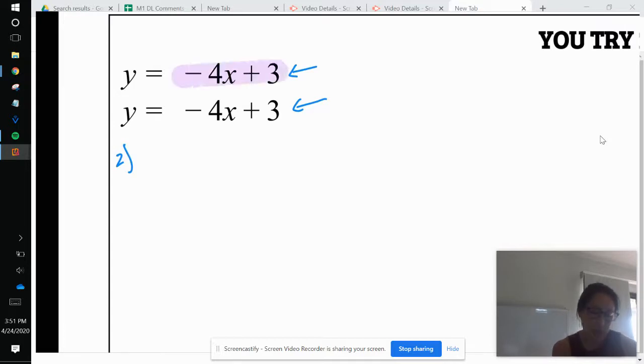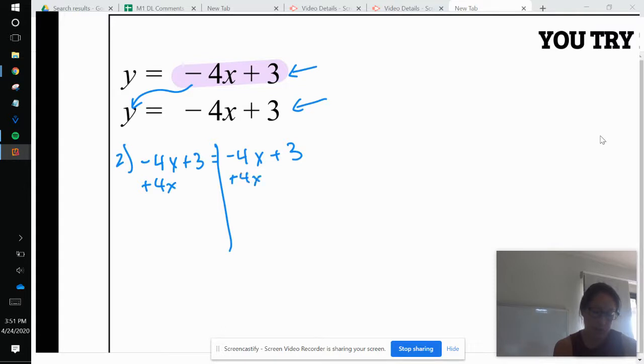So I'm going to take negative 4x plus 3 is equal to y, and plug that in for the y in the second equation. So I get negative 4x plus 3 is equal to negative 4x plus 3. Go ahead and solve. I'm going to add 4x, giving me 0.